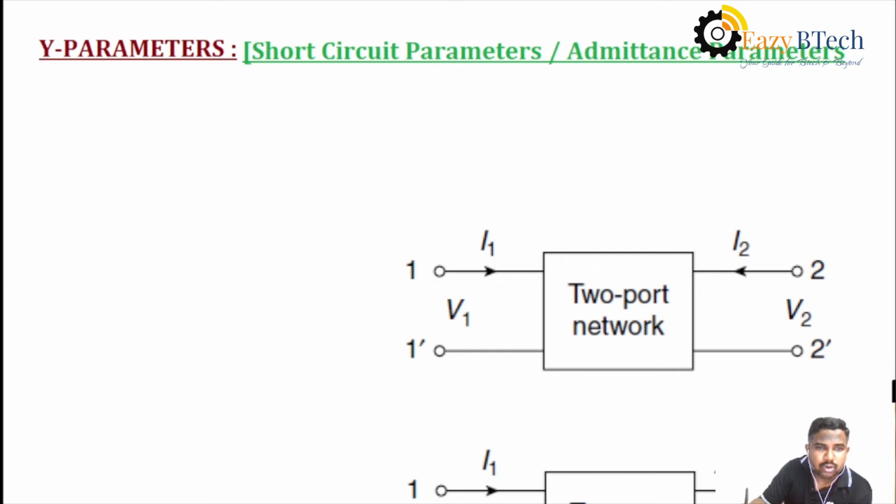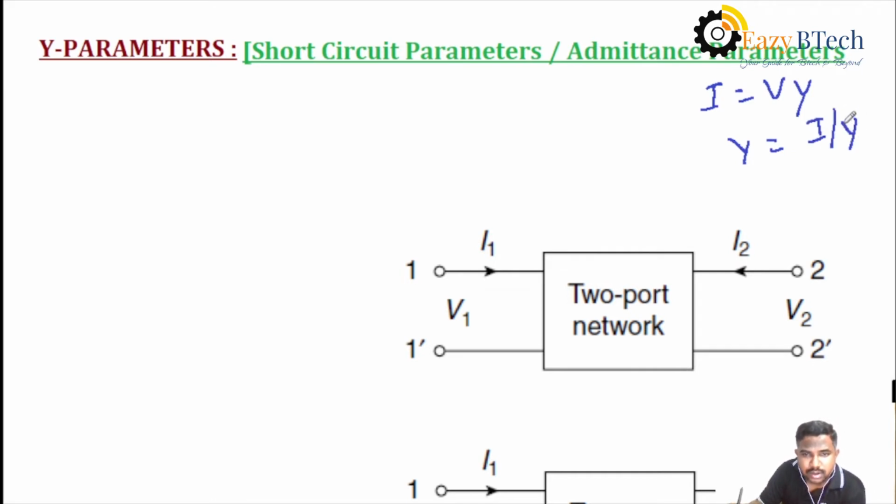Already we know the standard equation for Y, that is I equals V into Y. From that, Y equals I by V. That means, in order to calculate Y parameters, you find the ratio of current to voltage.